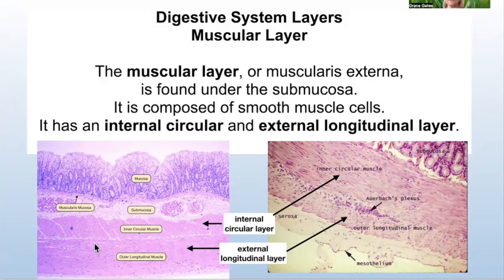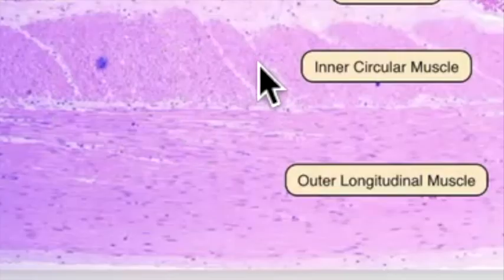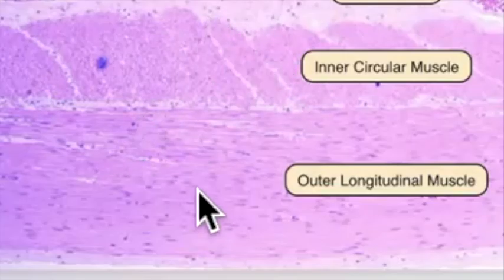If the specimen is cut longitudinally, as in the histology picture on the left below, then the inner circular muscle appears as sort of choppy, little muscle fiber groups, and the external longitudinal layer looks like long smooth muscle cells.